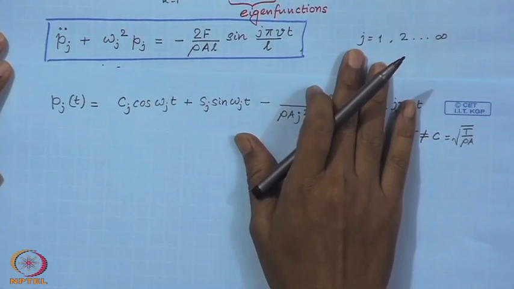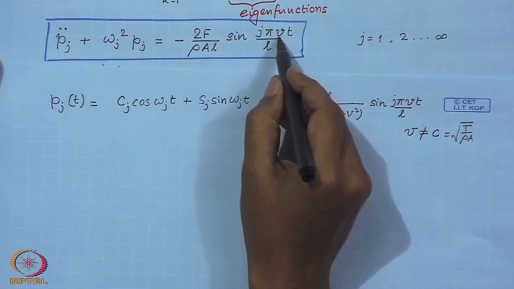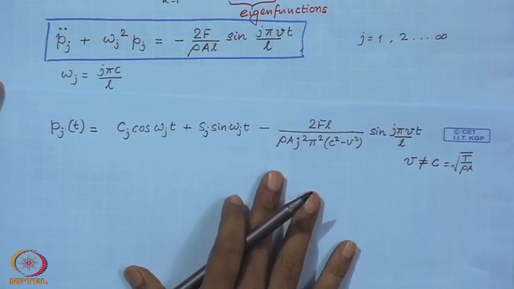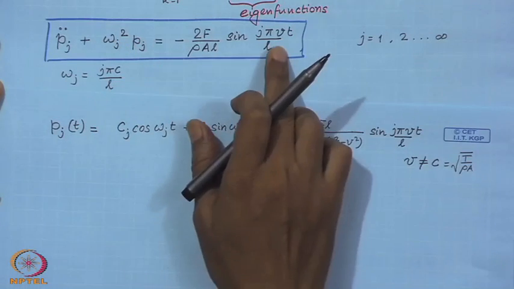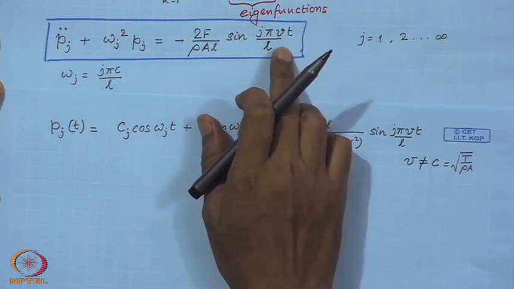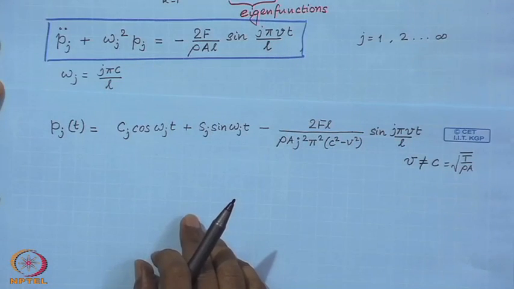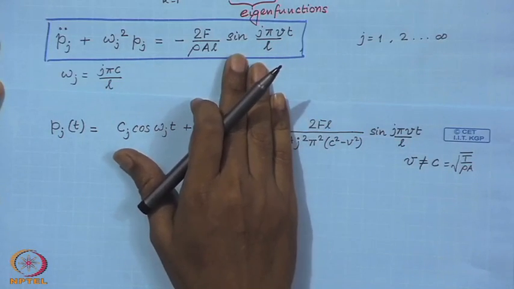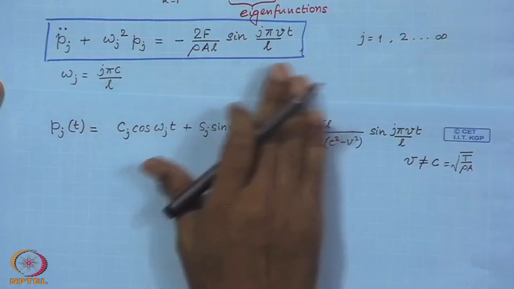So, you see when V equals C, and if you look at this omega j, then you will realize that this becomes a resonant forcing of the string in the jth mode and therefore, in all modes.